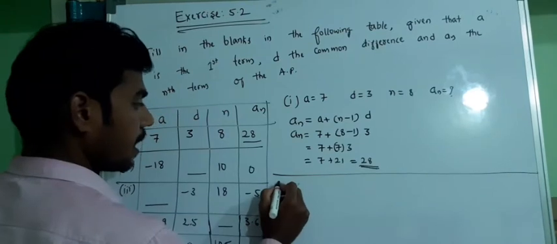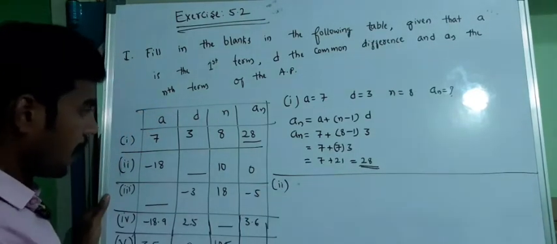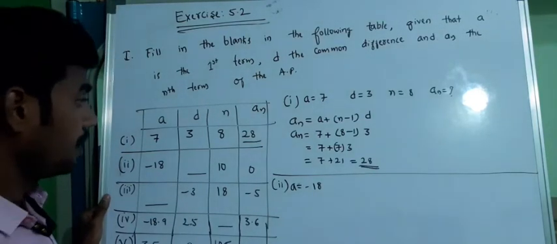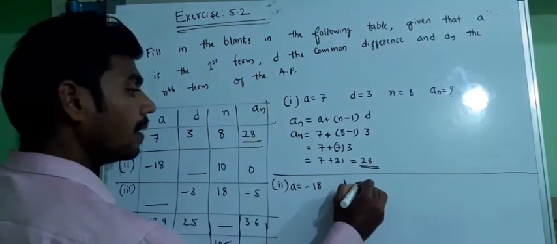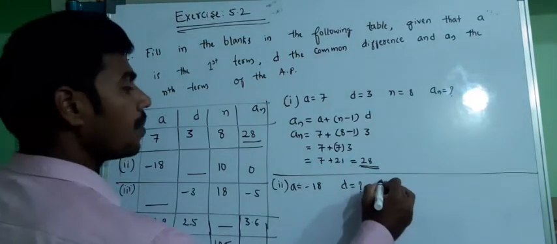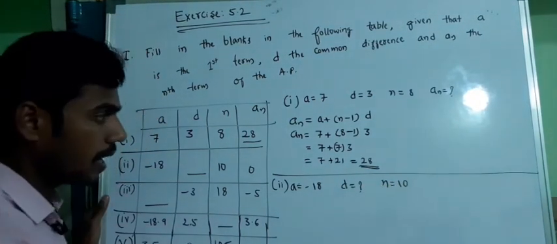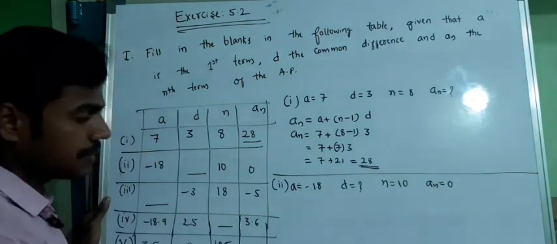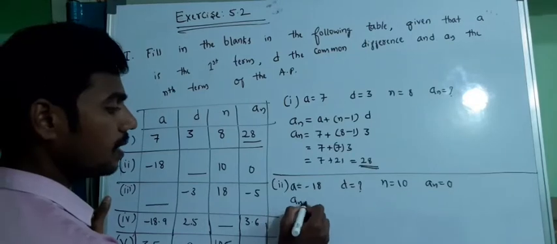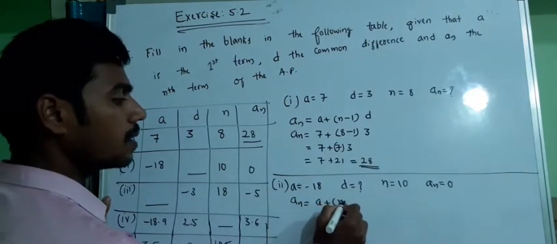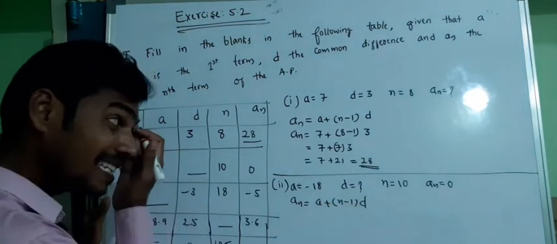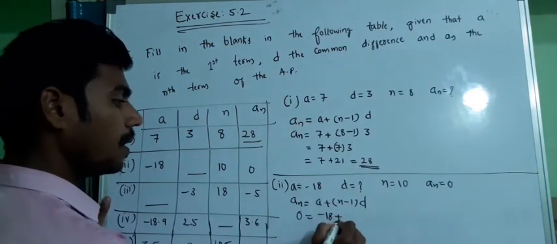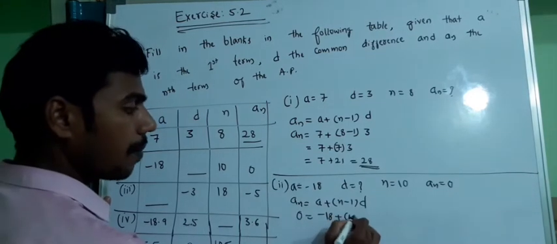Next, the second one. A is minus 18. So D I need to calculate. The number of terms n is equal to 10, and the last term AN is equal to 0. So the same formula we should make use of. AN is equal to A plus n minus 1 into D. What is AN here? 0. What is A? Minus 18, plus the number of terms 10 minus 1.